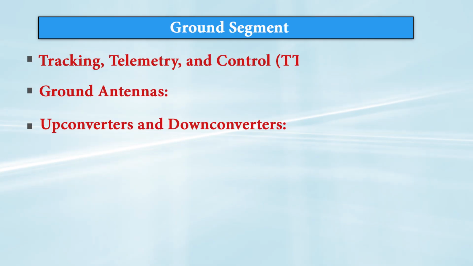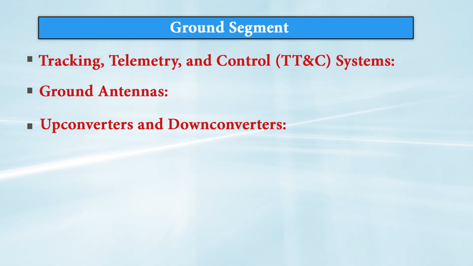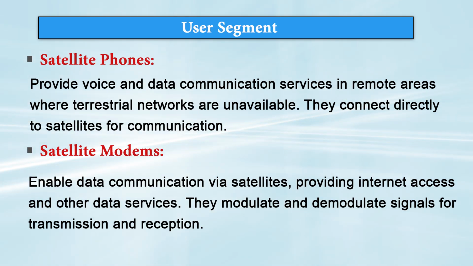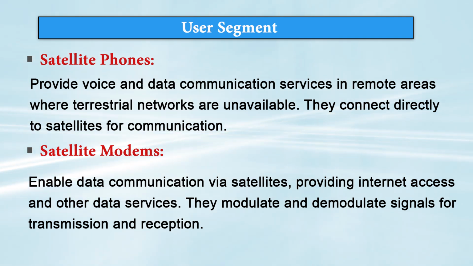Then we have the ground segment. There we have the earth station, right. In the ground segment we also have the TTC subsystem for telemetry, tracking and command. Then we have the user segment. In the user segment we have satellite phones and satellite modems. A satellite phone provides voice and data communication, whereas satellite modems enable data communication.